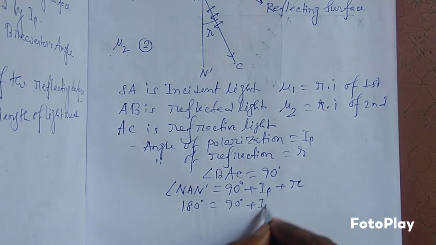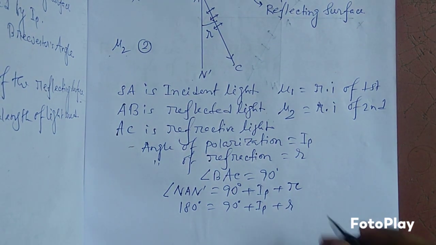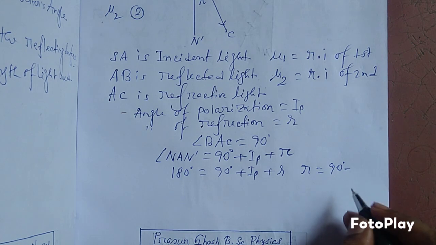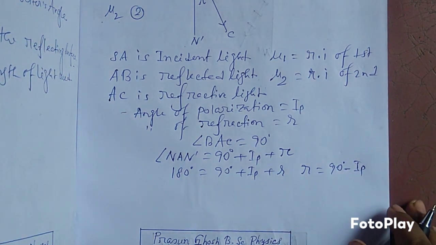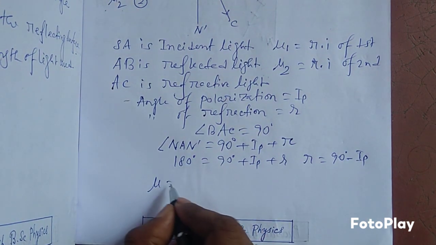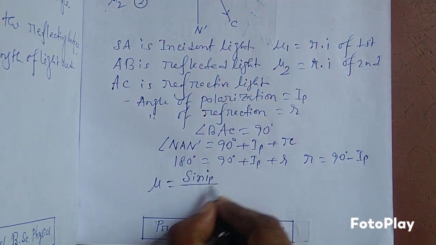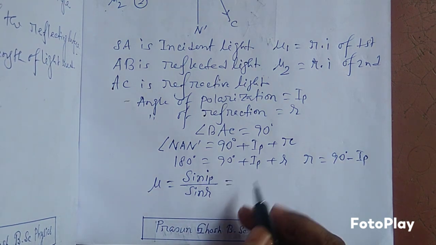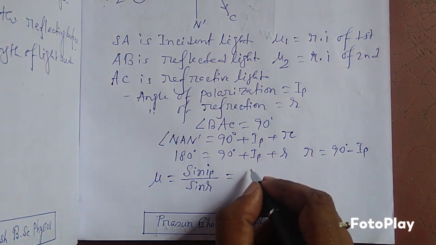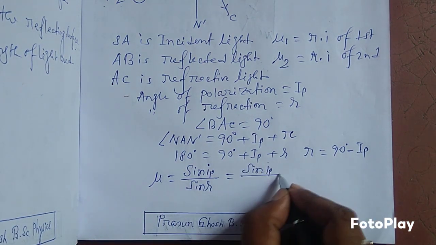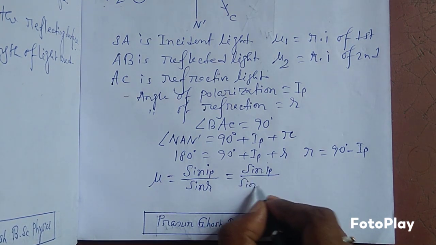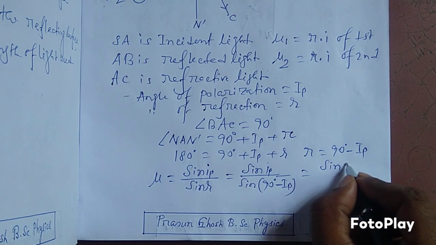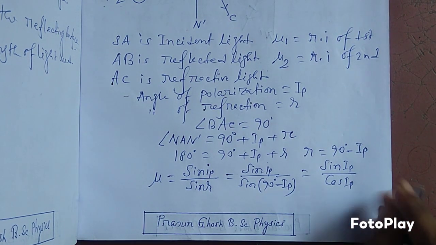So R equal to 90 degree minus IP. From Snell's law, mu equal to sine IP divided by sine R, that is sine IP divided by sine of (90 degree minus IP). So sine IP by cos IP.